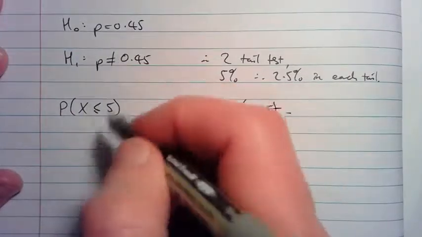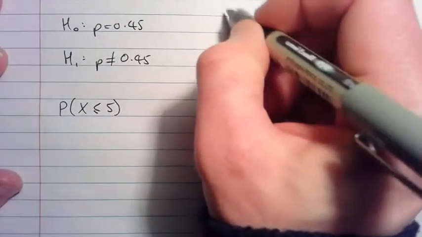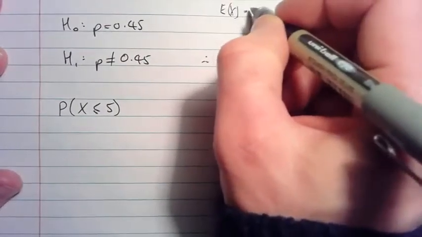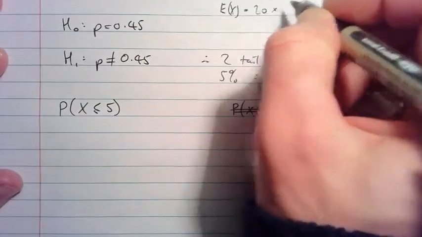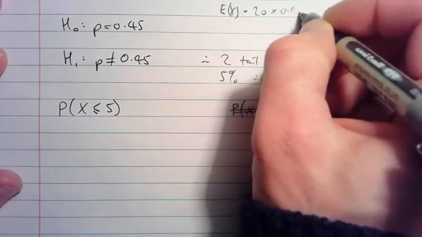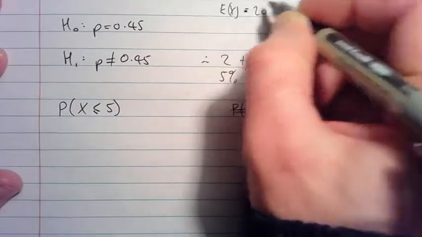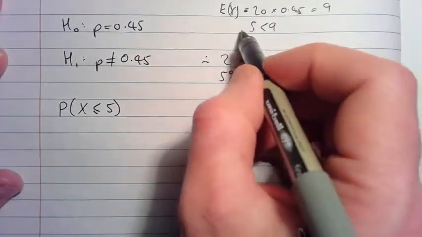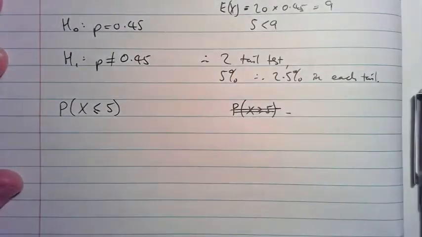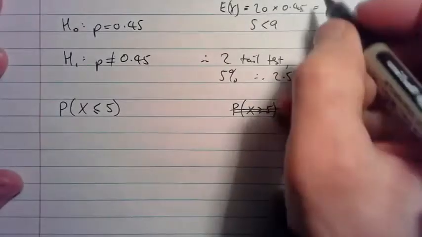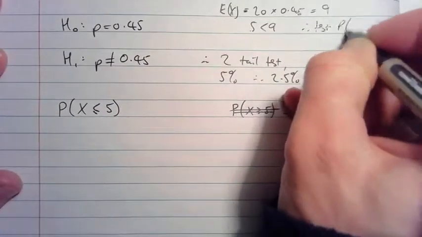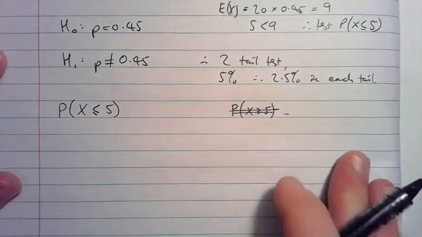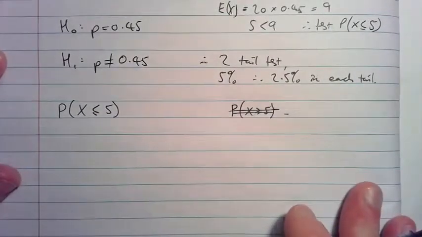Okay. So if you are in doubt at all, the expectation there, which is np, so 20 times 0.45 is 9. 5 is on the low side of 9, and therefore we test the probability that x is less than or equal to 5 if it's to be in the critical region.